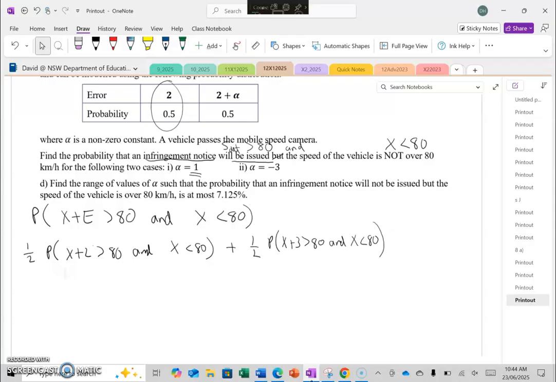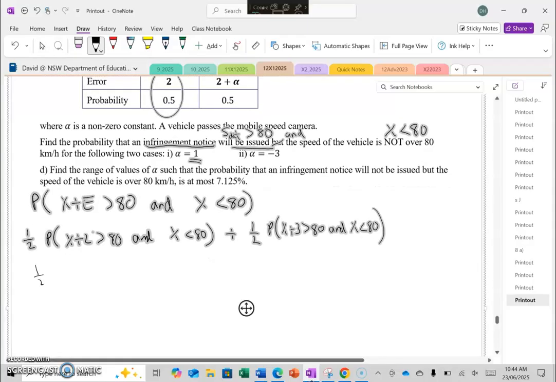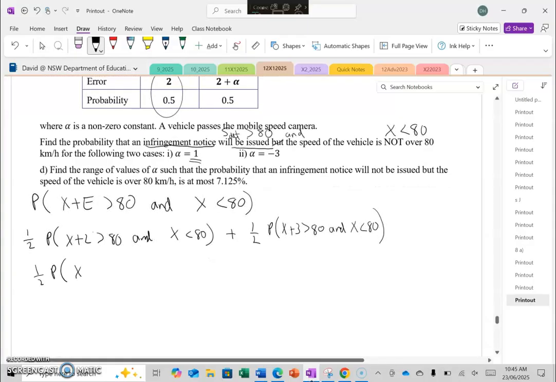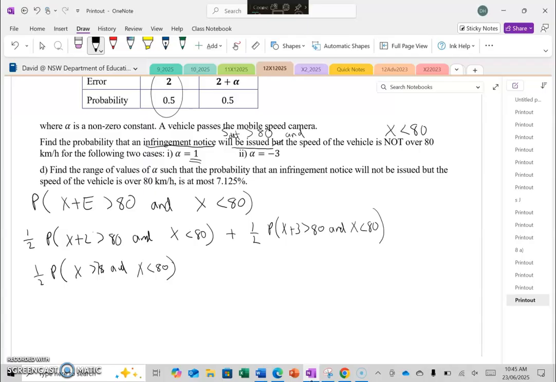Let's make X the subject in these. So half the time, where am I greater than 78 and less than 80? And half the time, where is the probability greater than 77 and less than 80?